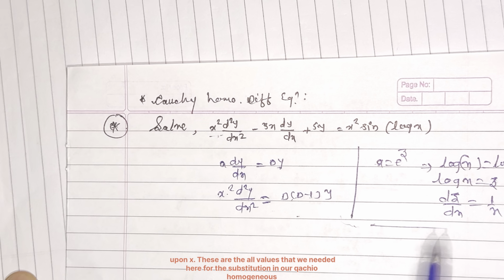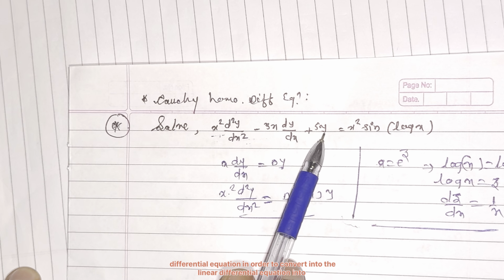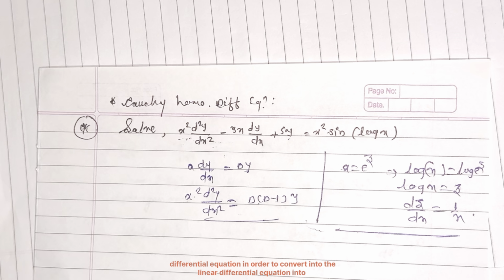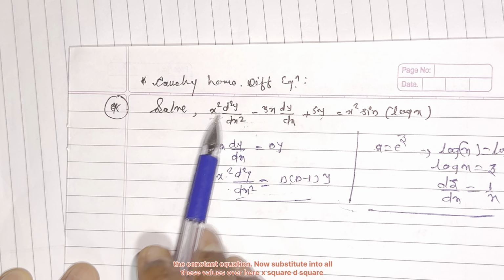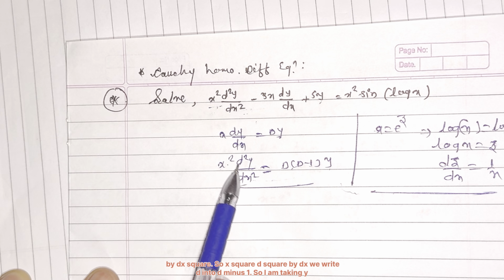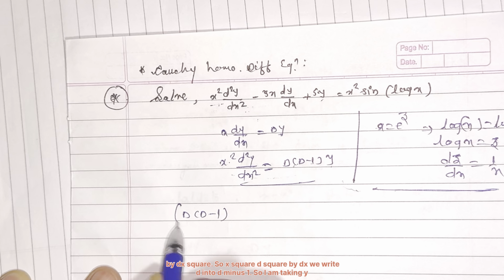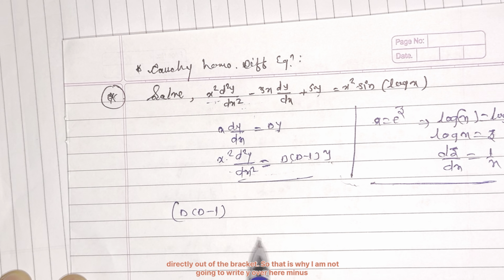These are all the values we need for the substitution in our Cauchy homogeneous differential equation, in order to convert it into a linear differential equation with constant coefficients. Now substitute all these values here. x square d square y by dx square we write as D into D minus 1, taking y directly out of the bracket, so I'm not going to write y here.